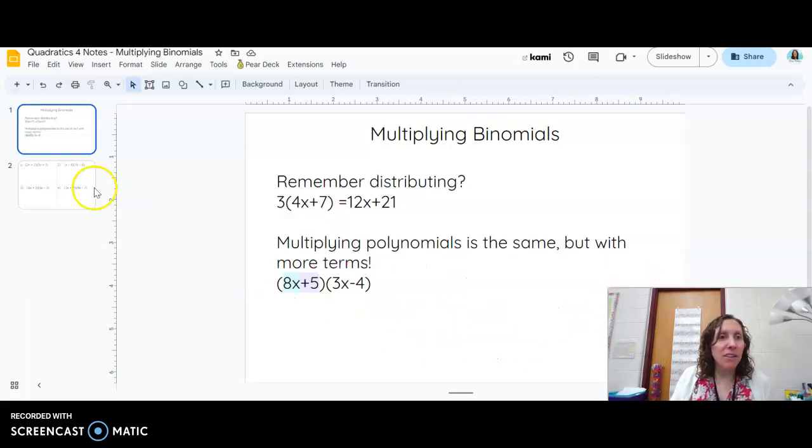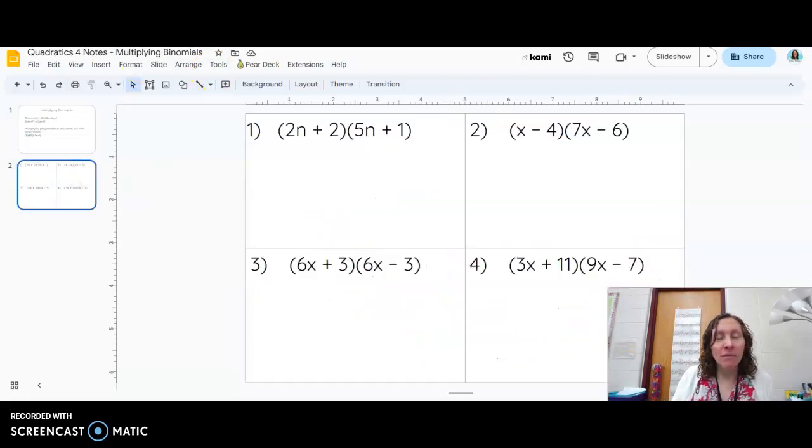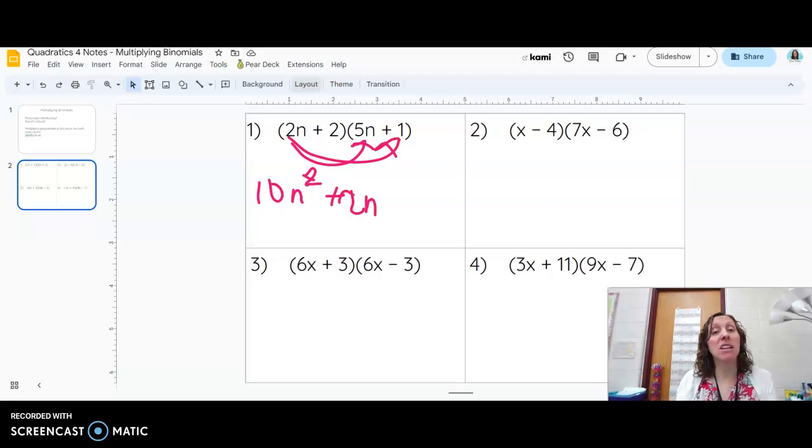All right, let's try a few more. For this one, we're going to do 2n times 5n, which is 10n squared. And then 2n times 1, which is 2n. Okay, I'm trying to write on my computer screen, and it's looking kind of crazy.